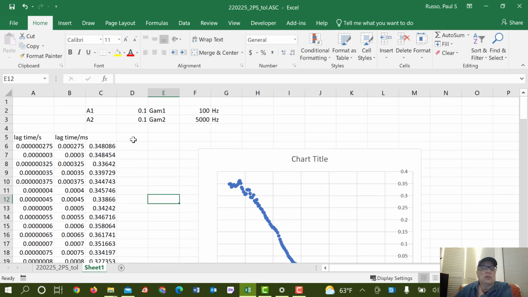And now what we should do is calculate amplitude 1 and amplitude 2 that match that signal.